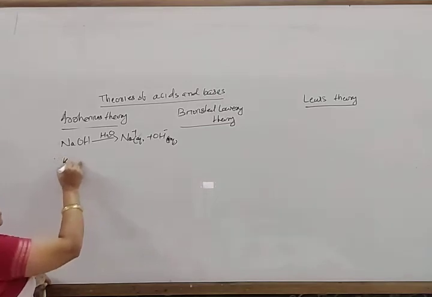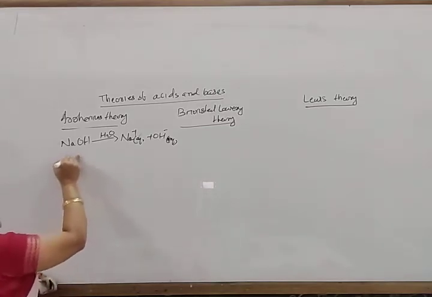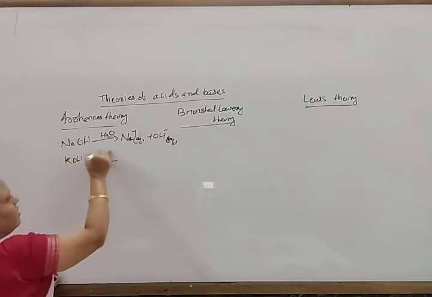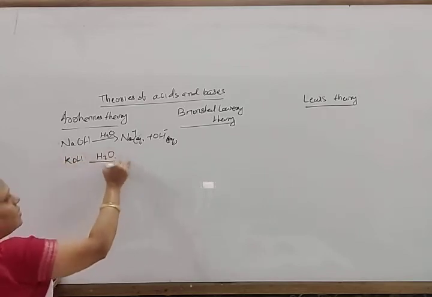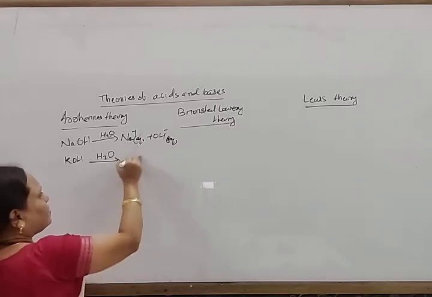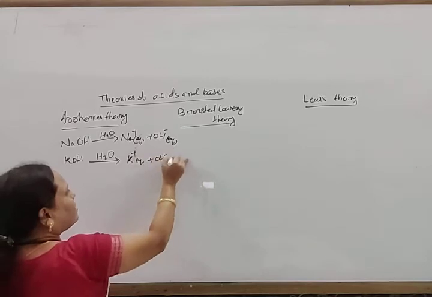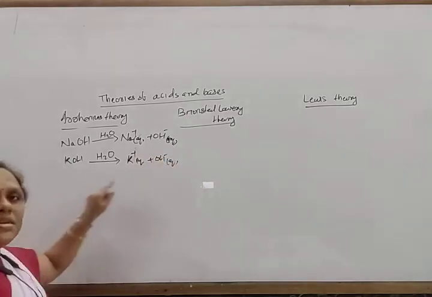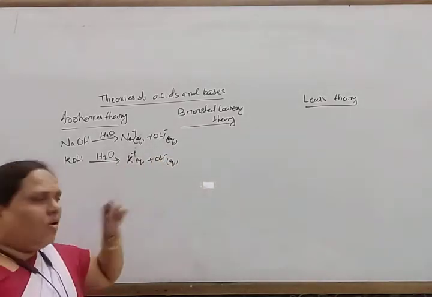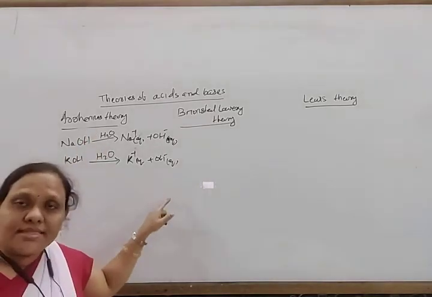Similarly, consider potassium hydroxide. When dissolved in water, it gives K plus aqueous plus OH minus ion aqueous. In this way it is a base, and these are strong bases, almost complete ionizers.